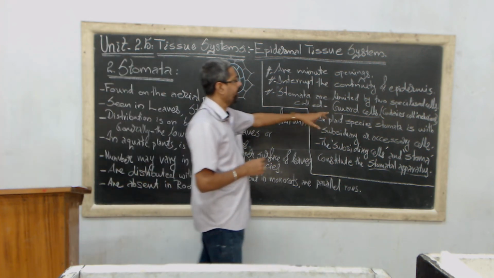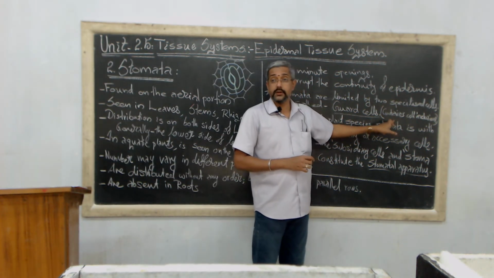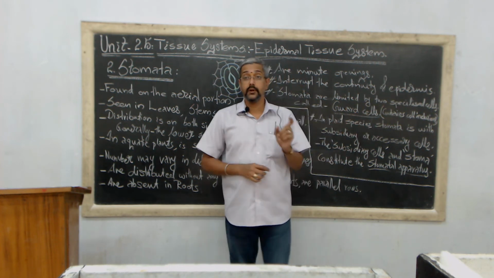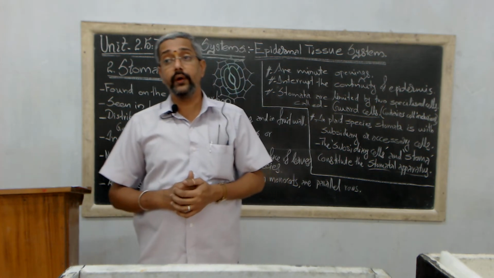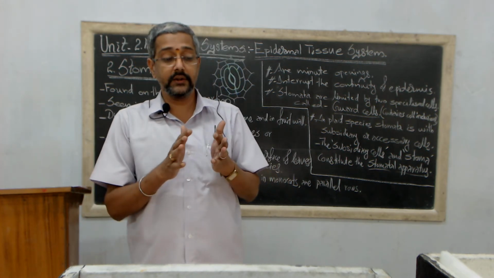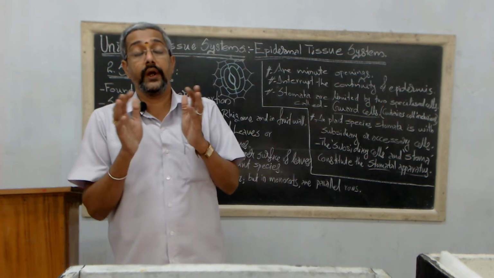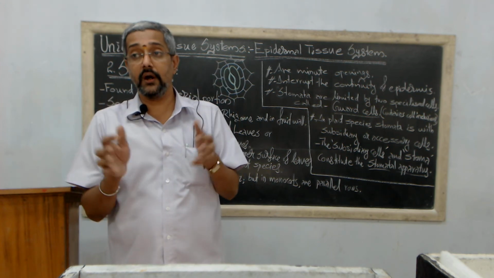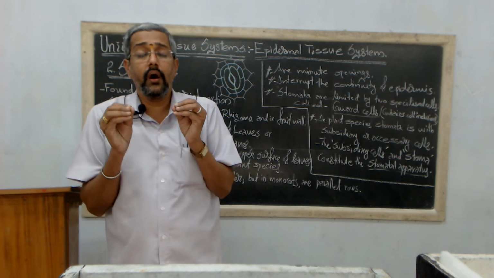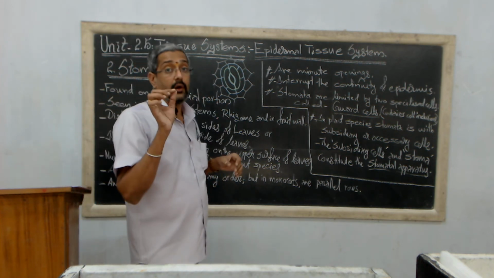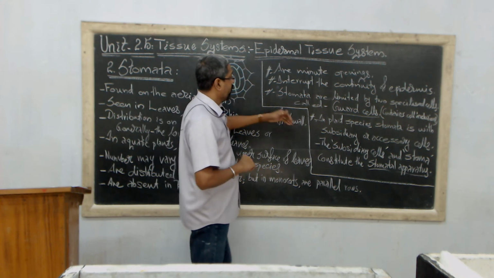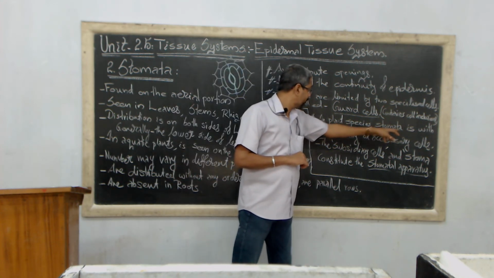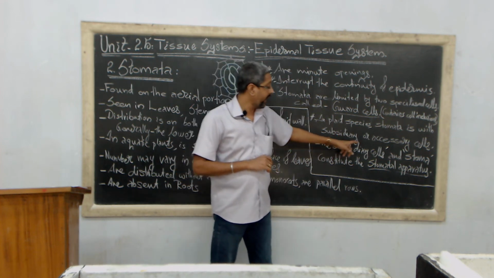Sometimes the guard cells and the subsidiary cells, which are outer to the guard cells, are both pigmented with chlorophyll. Coming to the next level, in some plant species, stomata are accompanied by subsidiary or accessory cells.